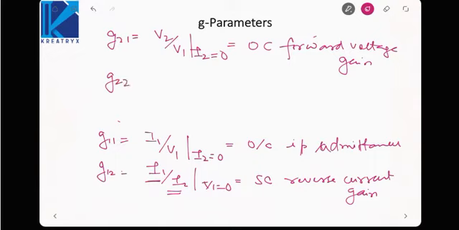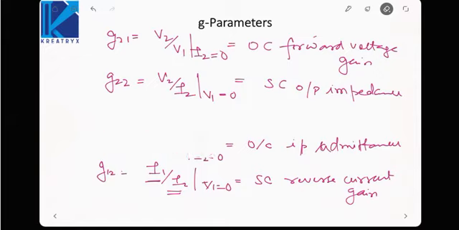What about G22? It will be V2 upon I2 provided V1 equal to 0. That means short circuit output impedance, because by equating V1 equal to 0, we are short circuiting port number 1 and determining V2 by I2, that is the output impedance.